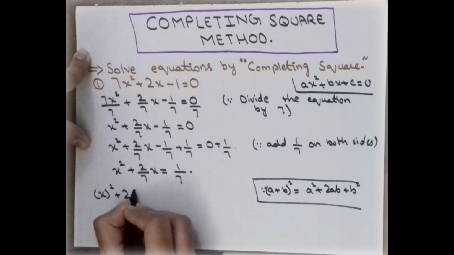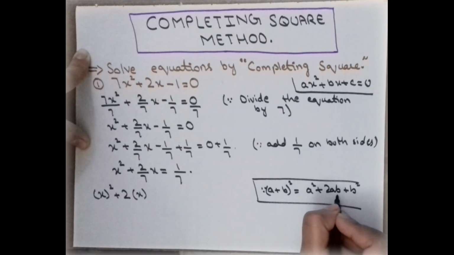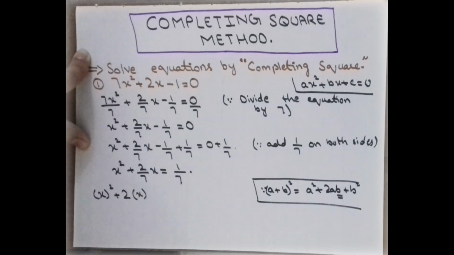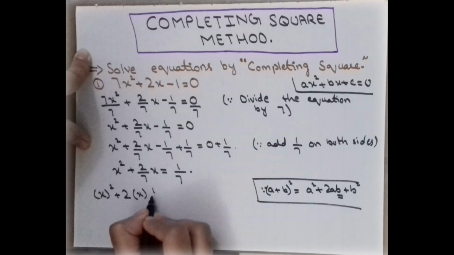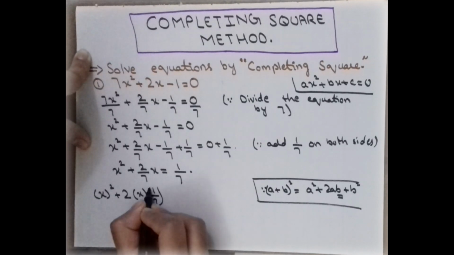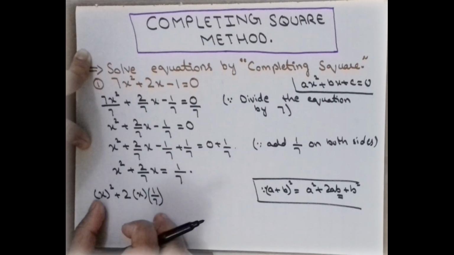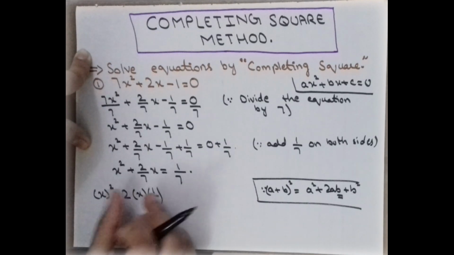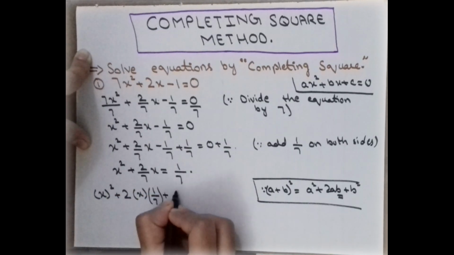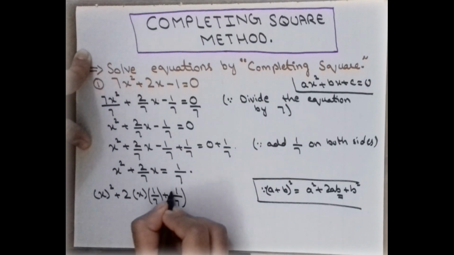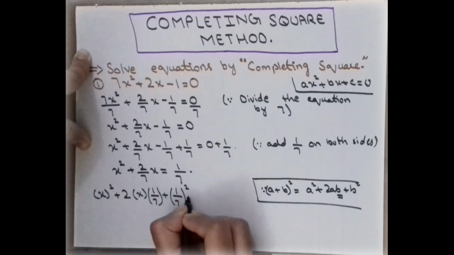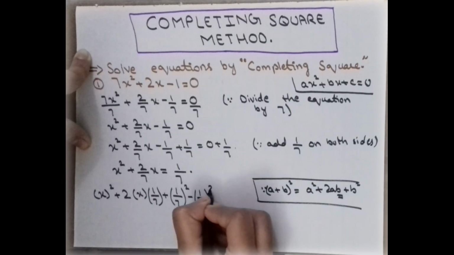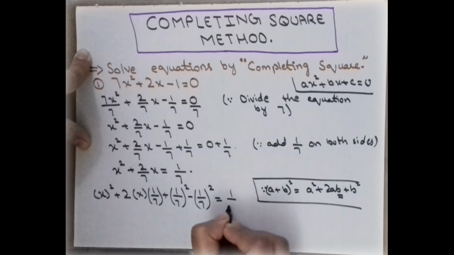Here a is x. We find a term b which will give this term as a result. So if we write 1 over 7, then it makes a square plus 2ab. So we find the term b, add its square, 1 over 7 square, and also subtract it, so that the expression equals 1 over 7.